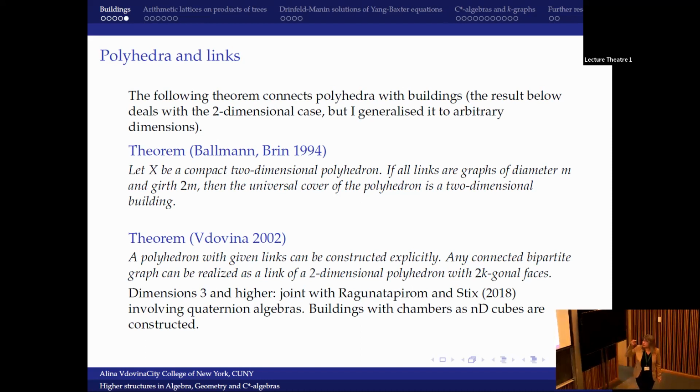If all links are graphs of diameter m and girth m, then the universal cover of the polyhedron is a 2-dimensional building. So it's in a way similar to this picture here, that the universal cover of the torus is a Euclidean plane tiled by equilateral squares.